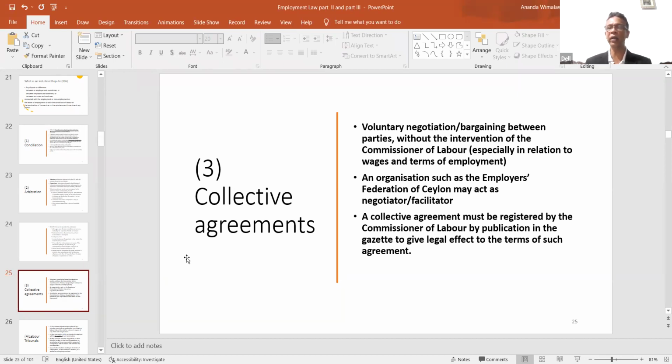A collective agreement is the result, the fruit, of the process of collective bargaining.